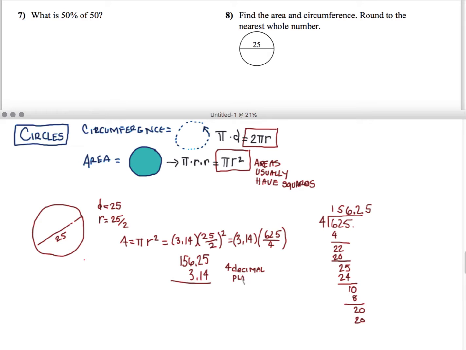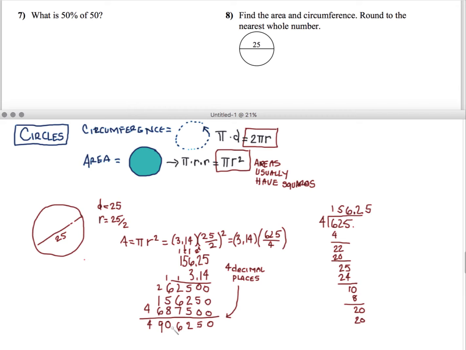Let's not forget we have 4 decimal places here. Okay, 5 times 4 is 20, and so on, working through the multiplication.